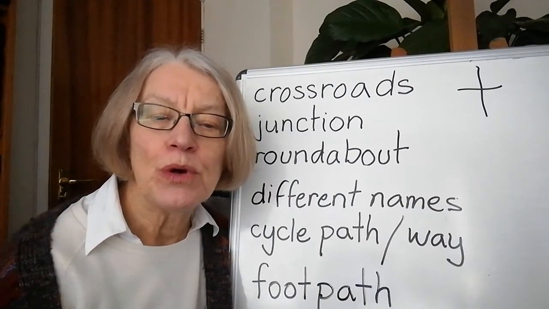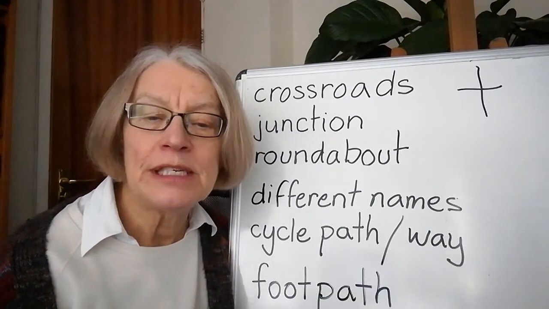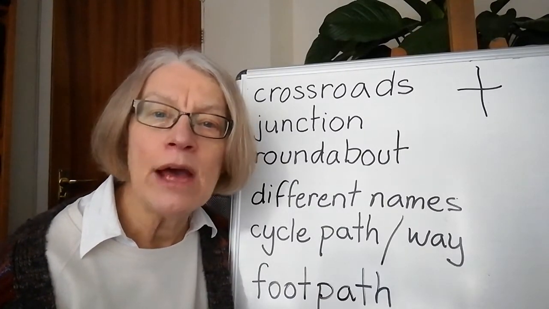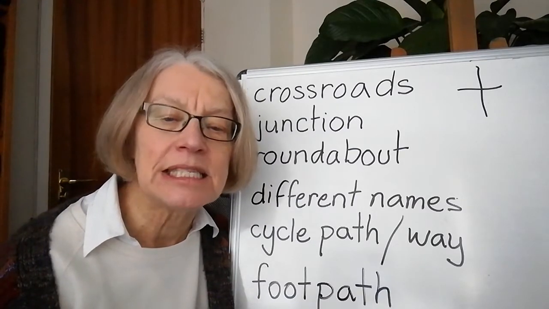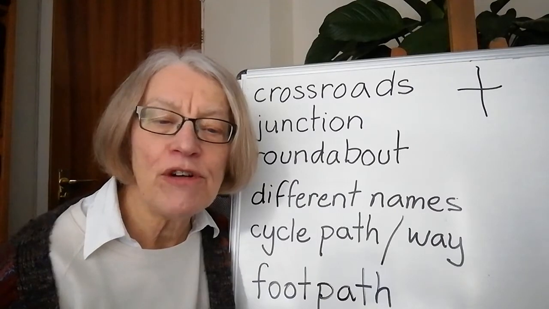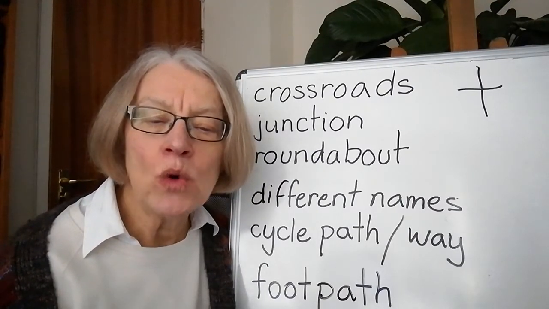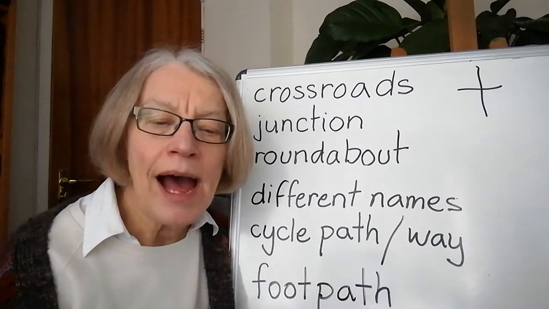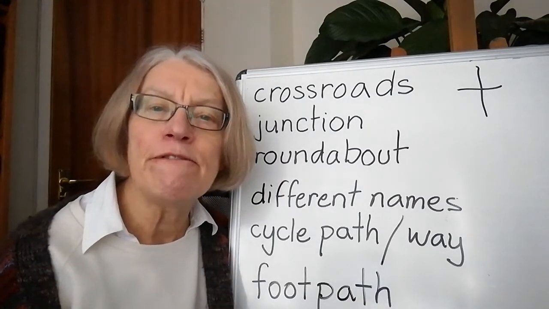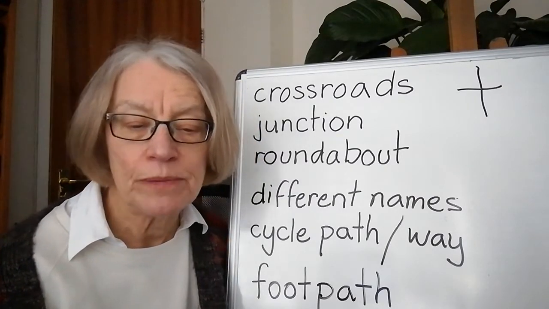Number 2. What is the generic word meaning where roads meet? Number 3. What do we call it where roads have to go round something before turning into the correct road?